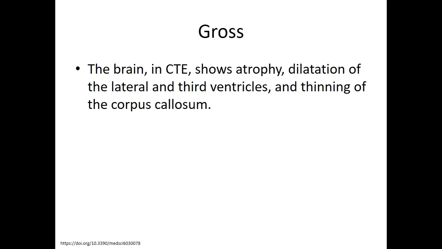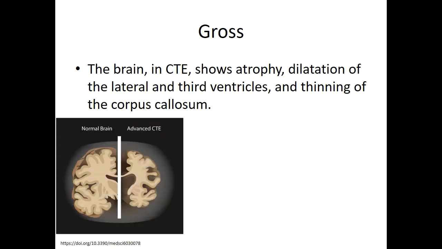Now, what is the gross picture of it? Let me just show you with a laser pointer. Okay, so this is the normal brain that you see here, whereas this is a brain of a chronic traumatic encephalopathy. What can you make out? There is a characteristic atrophy of the brain, a dilatation of the ventricles, and a thinning of the corpus callosum.